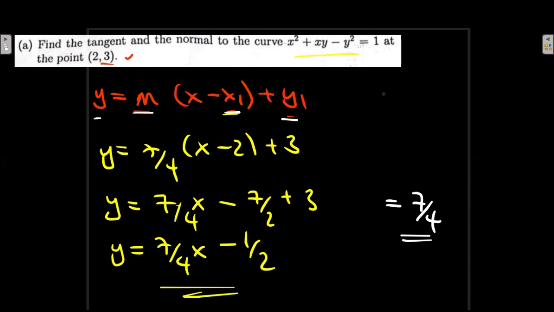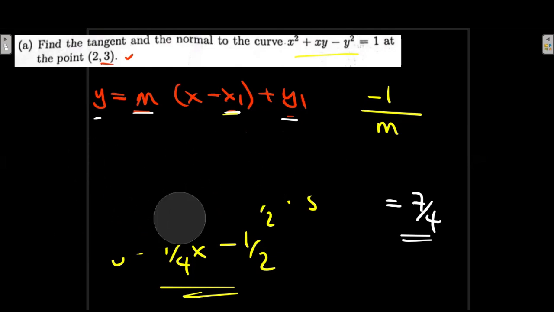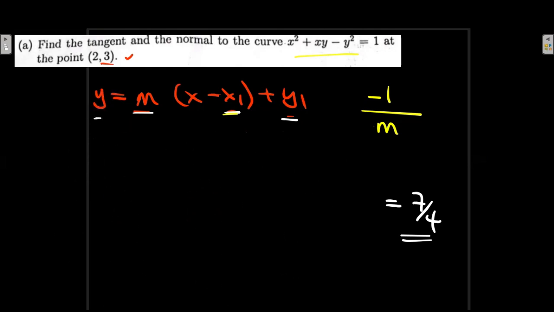Now for the normal, what is different is the gradient. So the gradient of the normal is given by negative 1 over the gradient of the tangent which we found. So when I replace that, negative 1 over 7 over 4, I just get negative 4 over 7.